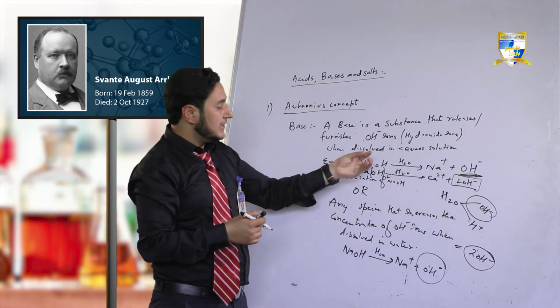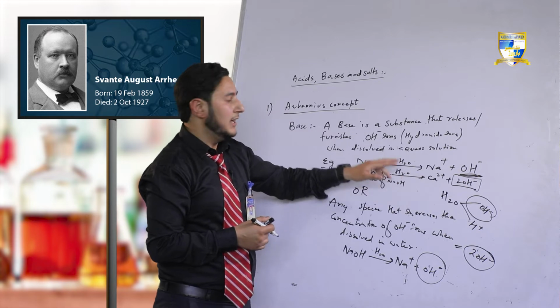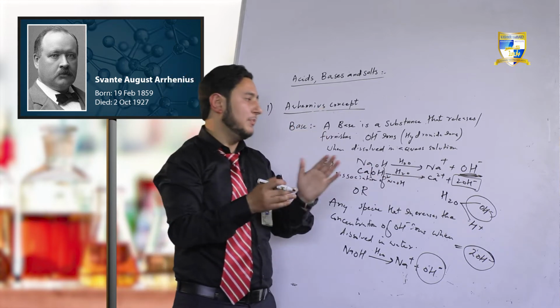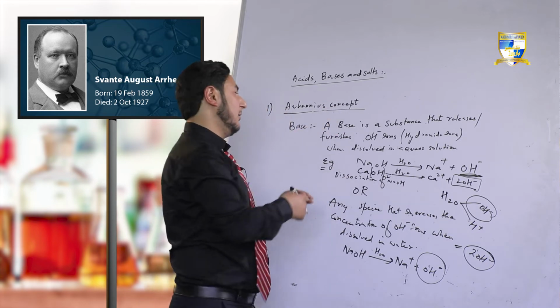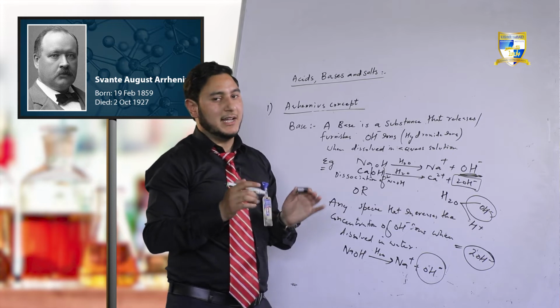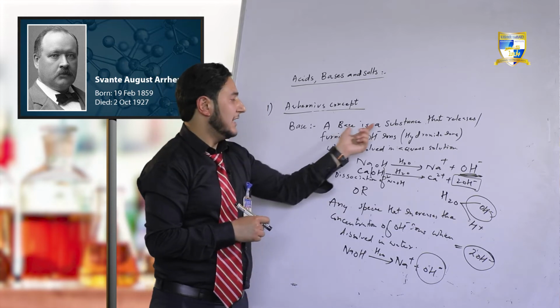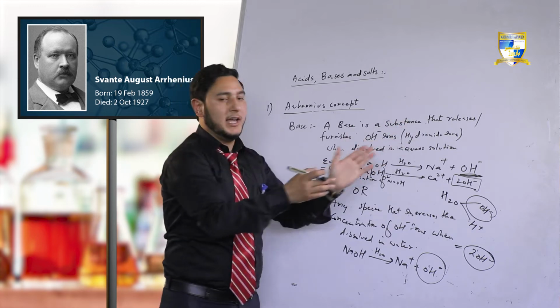If any substance is releasing OH negative ions when it is dissolved in water, it is called a base according to Arrhenius. So we summed up the Arrhenius concept of acid and base. I am going to repeat. According to Arrhenius, an acid was a substance that releases or furnishes H positive ions, and a base is a substance that releases or furnishes OH negative ions when dissolved in aqueous solution.